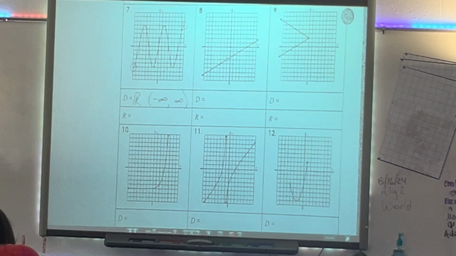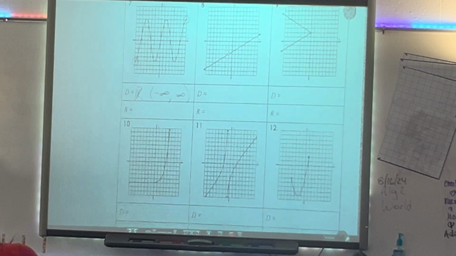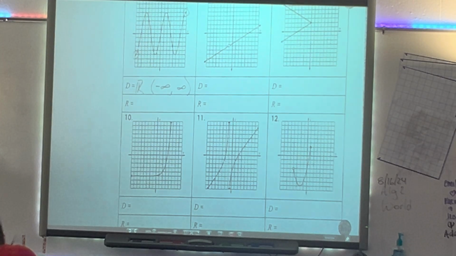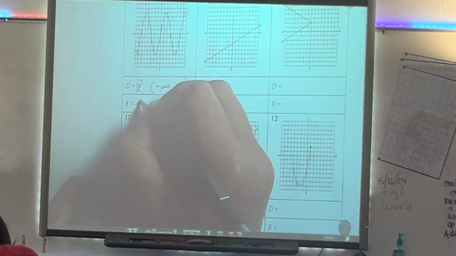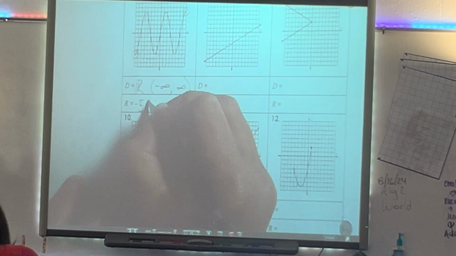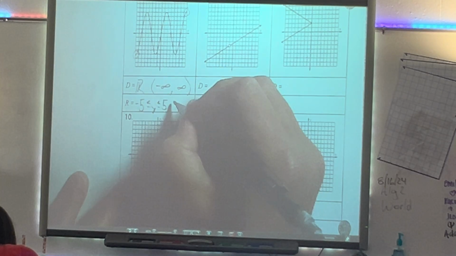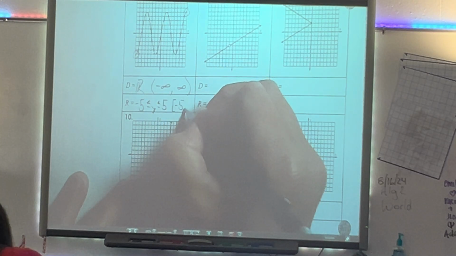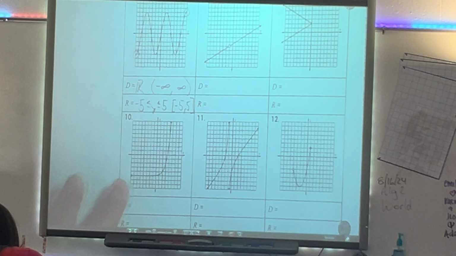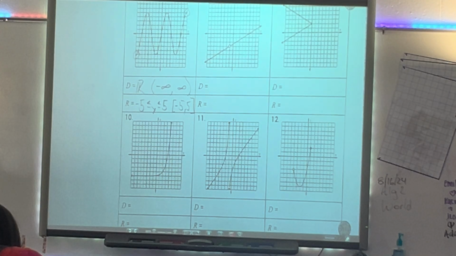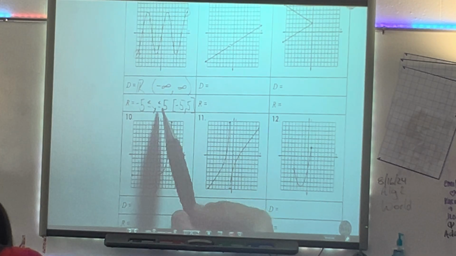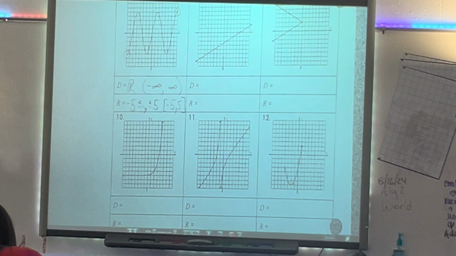The range then is going to be from where to where? -5 to +5, so -5 less than or equal to y, less than or equal to 5, or in interval notation -5 to 5. Y'all okay with that one? Your sines and your cosines, that's how they're going to be when we see those types of graphs.